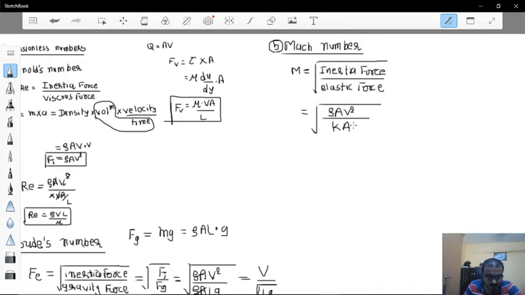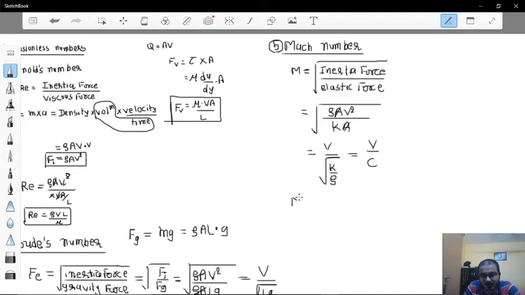so A will get cancelled and we will get V divided by square root of K upon rho here, and K upon rho is nothing but speed of sound in the fluid.